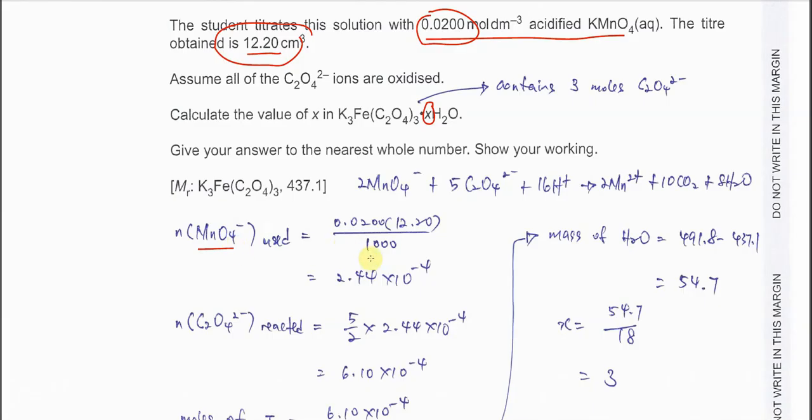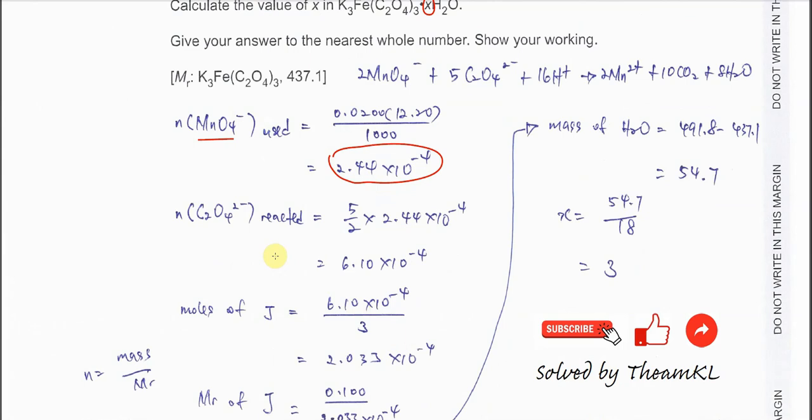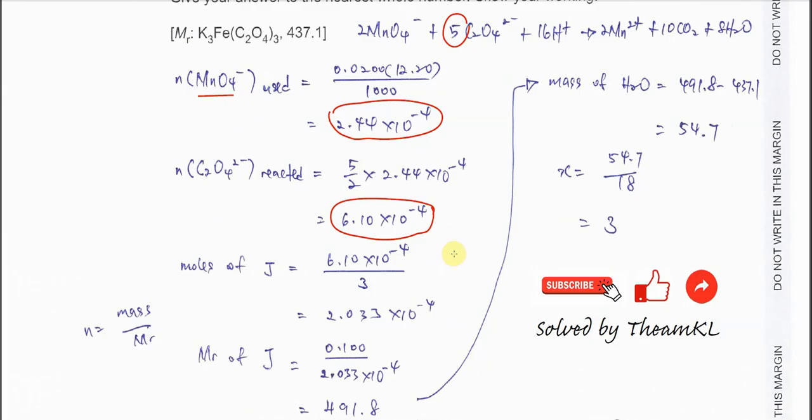If the KMnO4 moles is this one, then the oxalate must be a larger mole, because it's a 2 to 5 ratio. So to calculate the moles of oxalate ion, you need to use 5 over 2 times the moles of KMnO4, because this one is larger than the permanganate ion. After that you get 6.1 times 10 power negative 4.